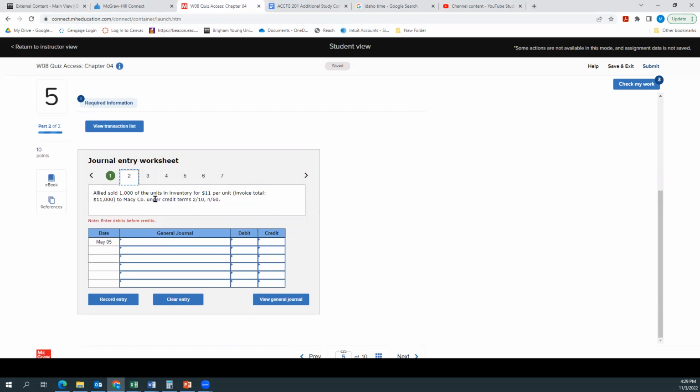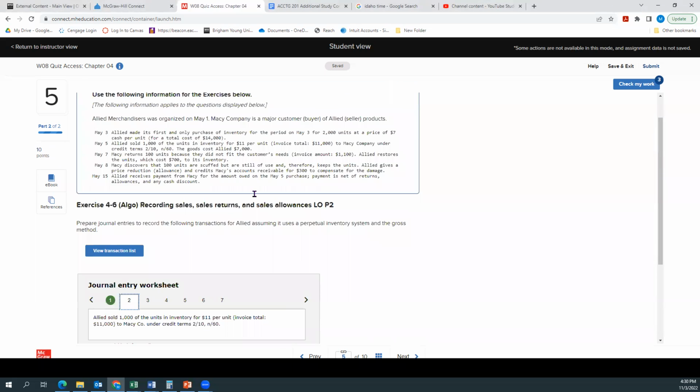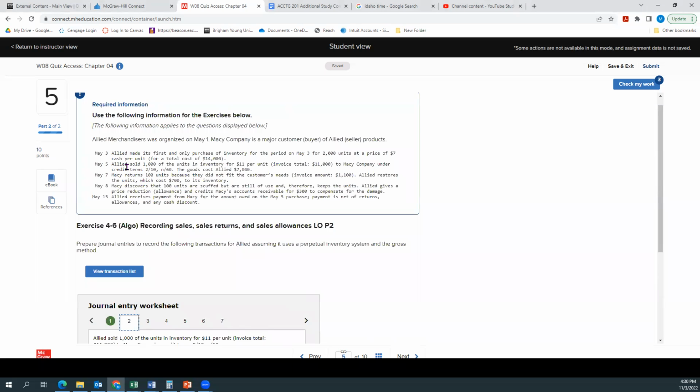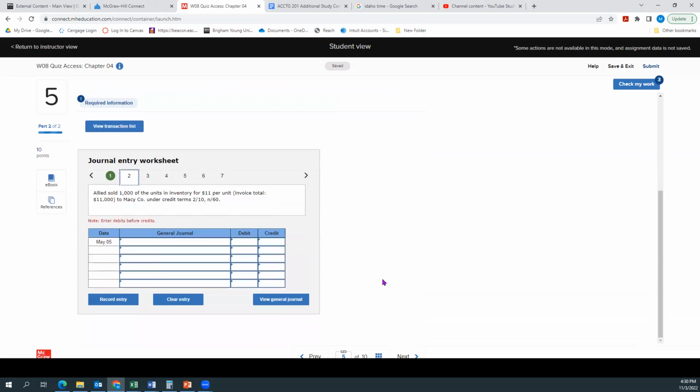On number 2, we sold 1,000 units of the inventory for $11 per unit to Macy under credit terms of 2/10, net 60. So I think what they want us to enter here is both sides of this. Remember, when we sell something, we have to enter both our cost and then the amount the customer pays us.